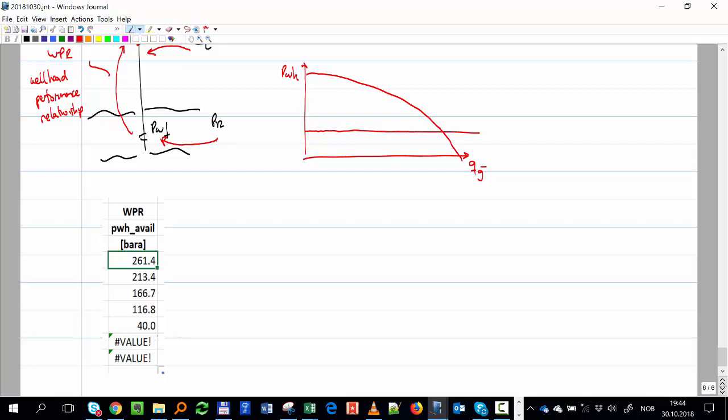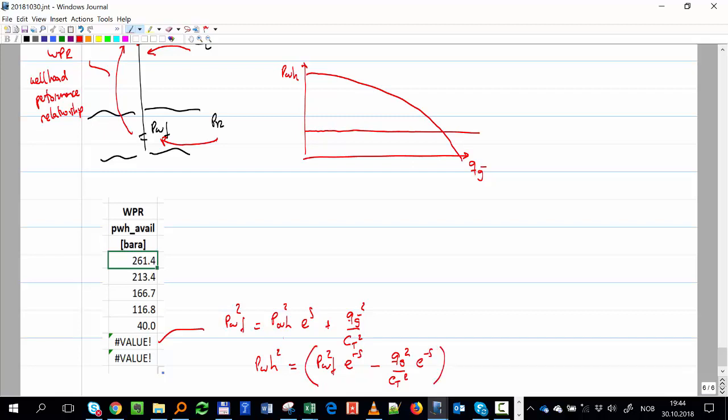So what happened here with this value problem? Okay, this value, if you remember, the equation was... but if I want to clear PWH, this will be PWF. And what is happening is actually this part is greater than this part.